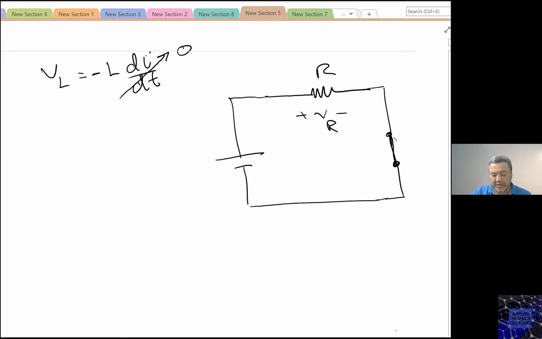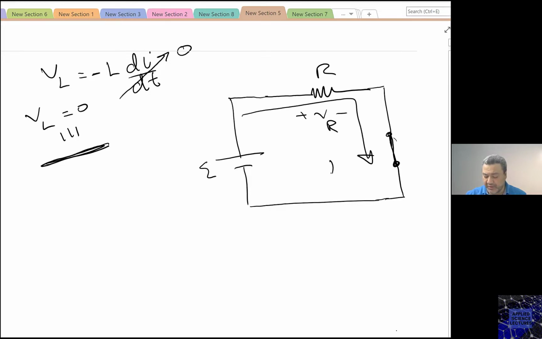That's why di over dt is zero, which means that VL is zero, and this is equivalent to a wire. So the inductor, when the current is constant, the current is not changing with time, can be replaced by a piece of wire. So in this case, I can calculate now the current.